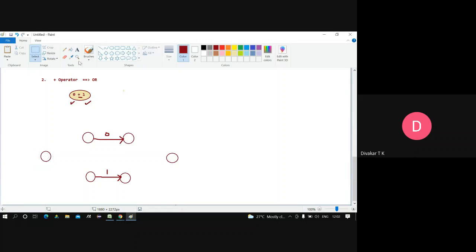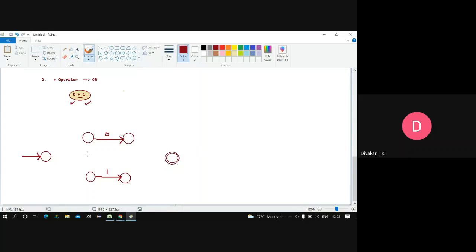Now what we are trying to do here is, this is a start state. That's why I have written the arrow symbol. Again, this is the ending state. Start state, ending state, double circle, ending state. Great.